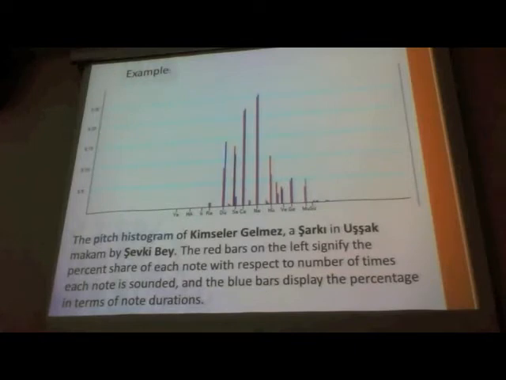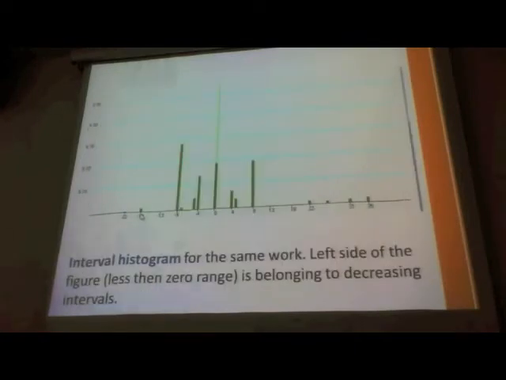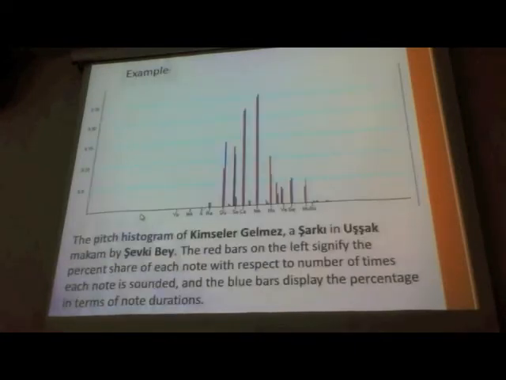Example, this is a şarkı in Uşak makam, Kimseler Gelmez, composer is Şevki Bey. The red bars on the left signify the percent share of each note with respect to the number of times each note is sounded, and the blue bars display the percentage in terms of note durations.